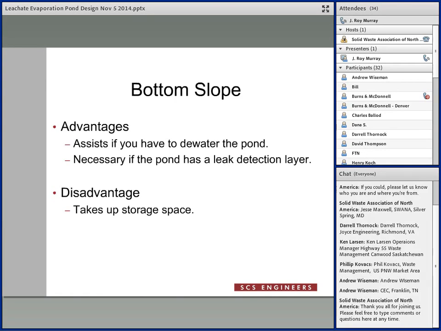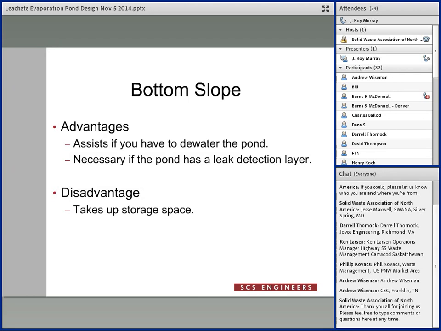Otherwise, you're going to have to pump out the pond, and you'll get down to 6 inches or a foot or whatever your pump is good to, and then you're going to have to hope that you can evaporate the rest. So you have to look at your climatic conditions, I think, at the time and location of where you're putting this. And if you're in an area where you get really great evaporation, then you can probably get away without sloping the pond's bottom.